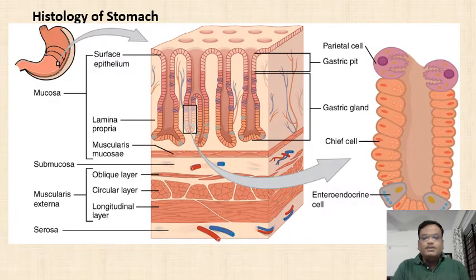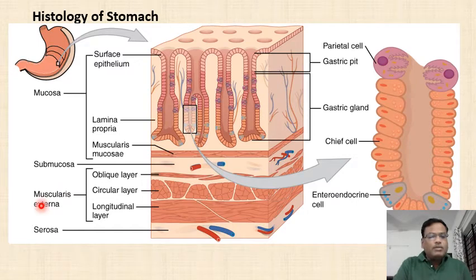Now in this diagram, let us try to understand the layers of stomach. So this is the serosa, the outermost layer, and this serosa is made up of connective tissue mainly, and then below that you find muscularis externa.